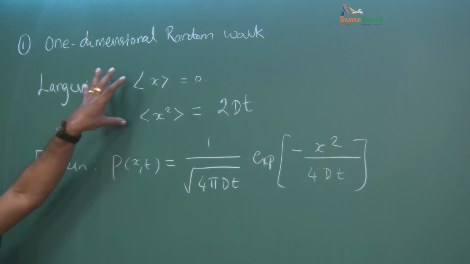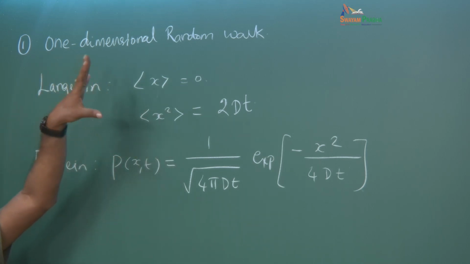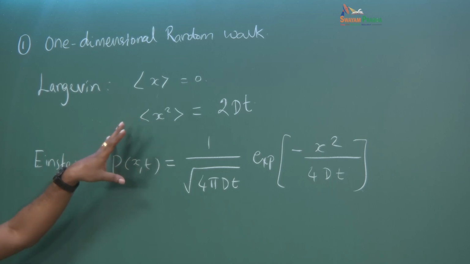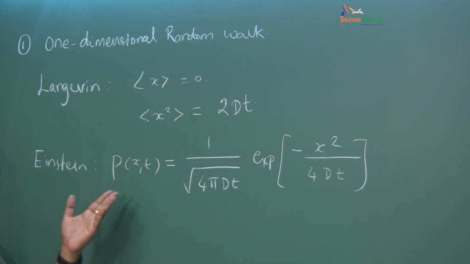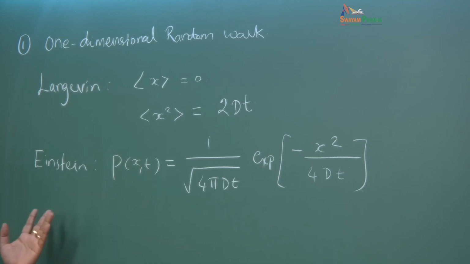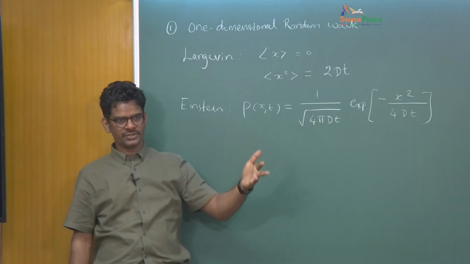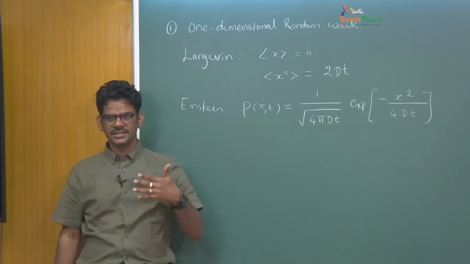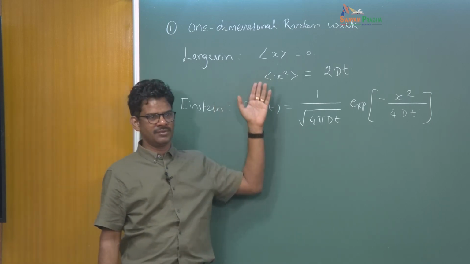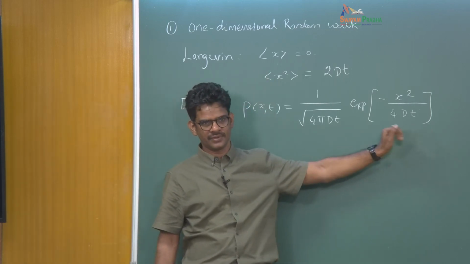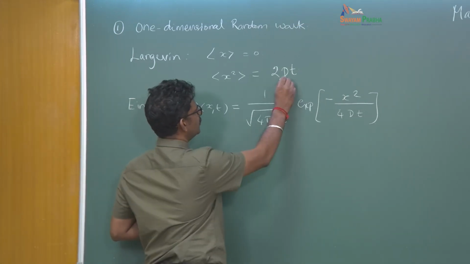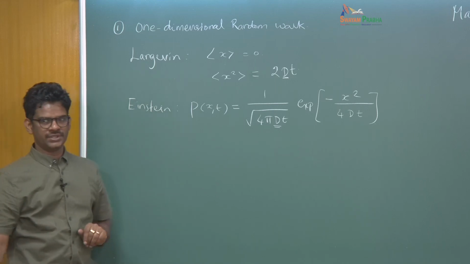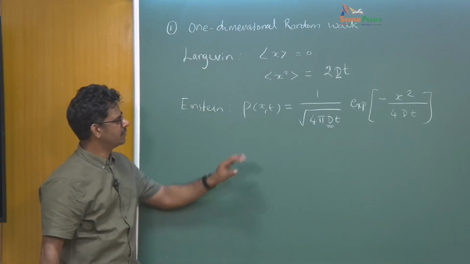We have already seen the Langevin equation. We set it up, looked at the mean and mean square displacement, and derived these results. And in the case of Einstein formulation, or a continuous Markov process approach, which we are yet to discuss, the solution for this problem will be a Gaussian distribution. In all these cases, D denotes the diffusion coefficient or the diffusivity of the Brownian particle. So these things we know.